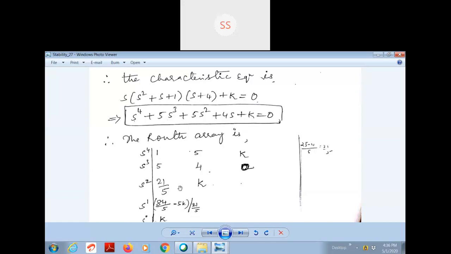The third row calculation is just as done with the previous: 5 into 5, 25, minus 1 into 4, 25 minus 4, divided by the first element, that is 5. So this is equal to 21 by 5. So 21 by 5 you fill up here.